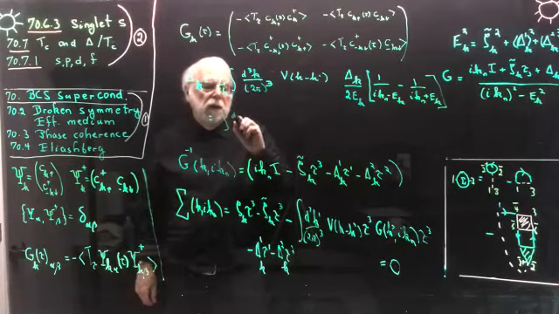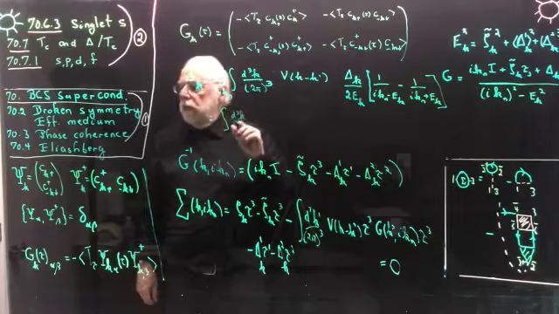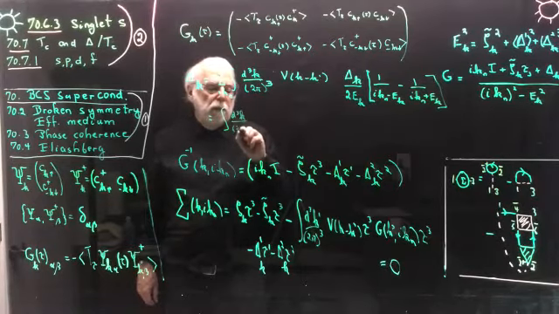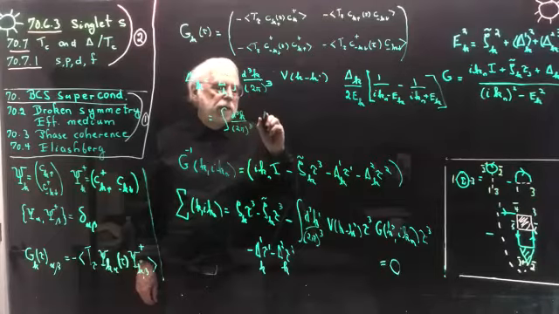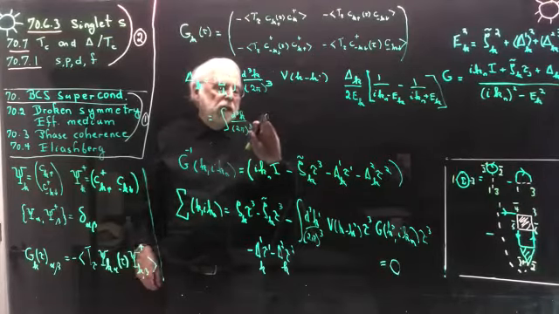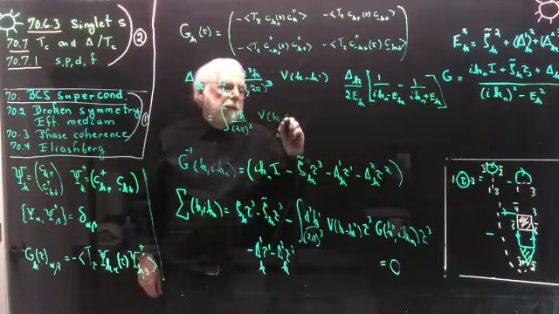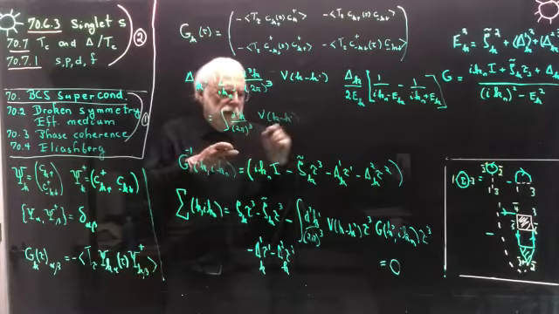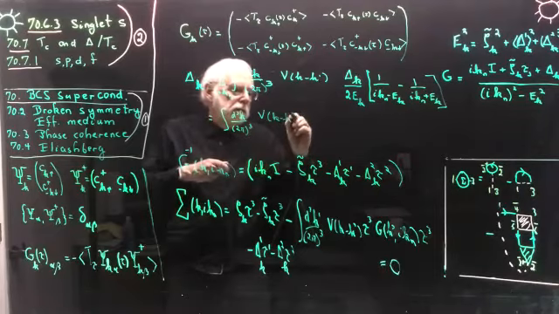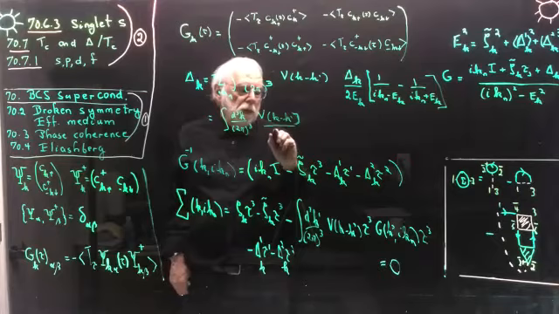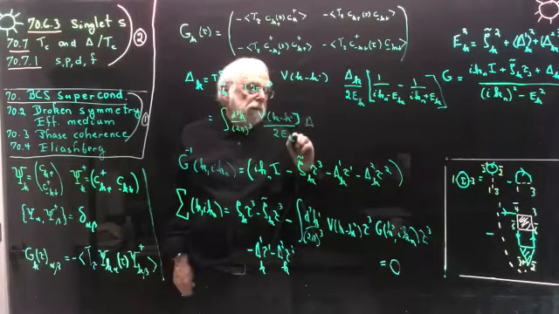integral d cube k over 2 pi cube times v of k minus k prime divided by 2 E k prime.